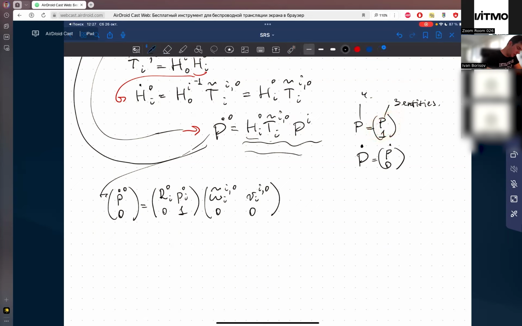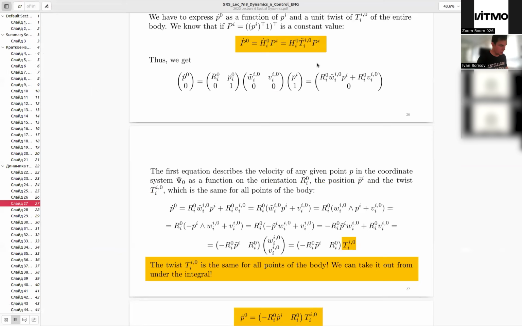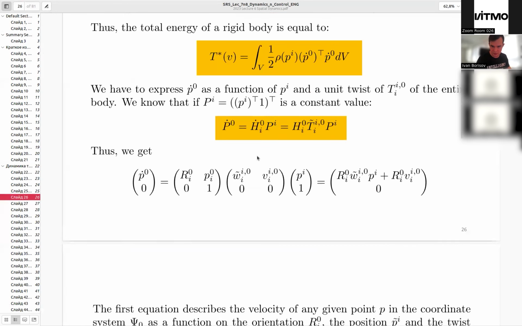And what we need to do is a lot of matrix multiplication. We're going to skip that. I'll just show you here the result.